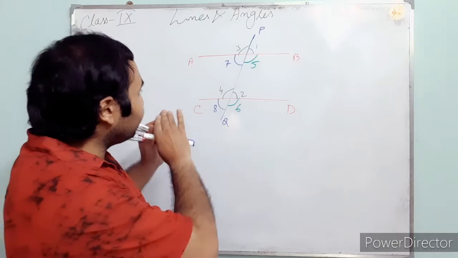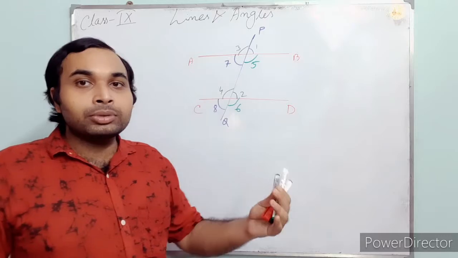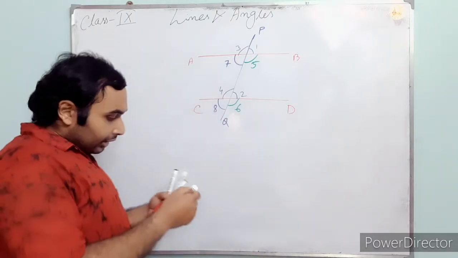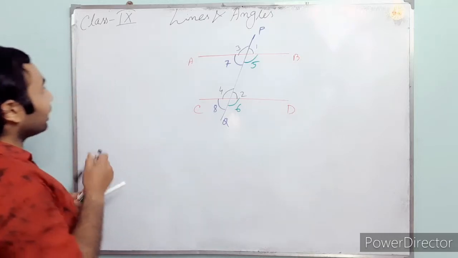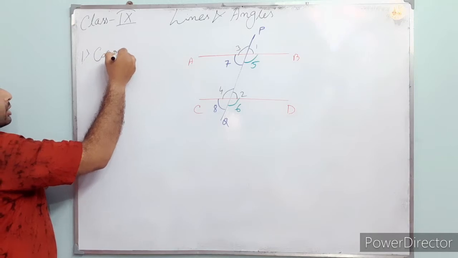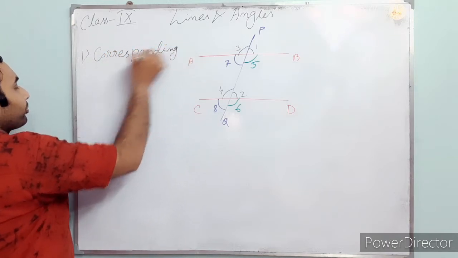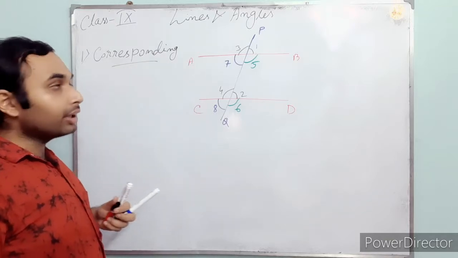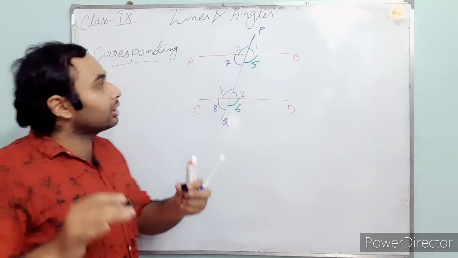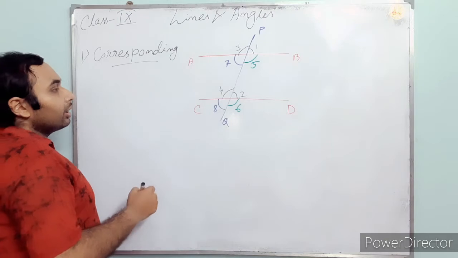Now they have some pairs. According to the names, the pairs will change. Very interesting fact. See, the first name that is coming, that is number 1, corresponding angles. What are the corresponding angles? Corresponding angles means the measures of the angles are the same.